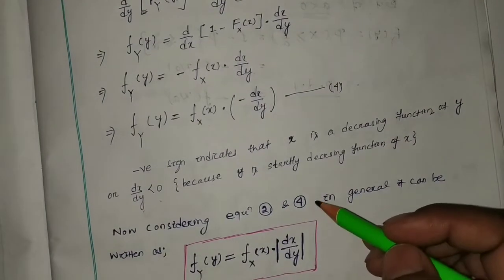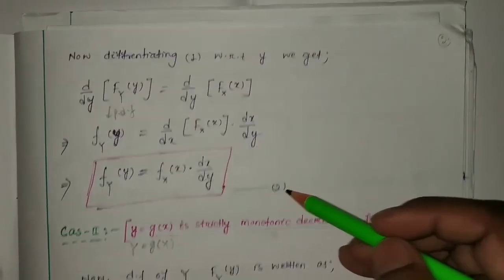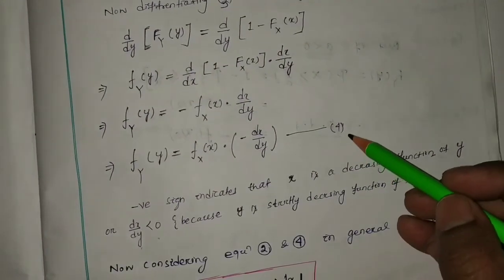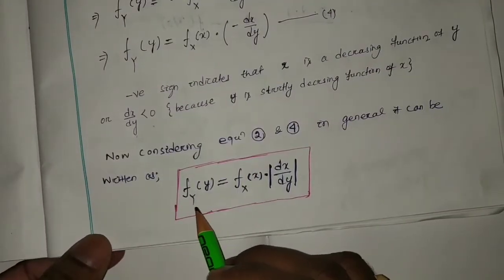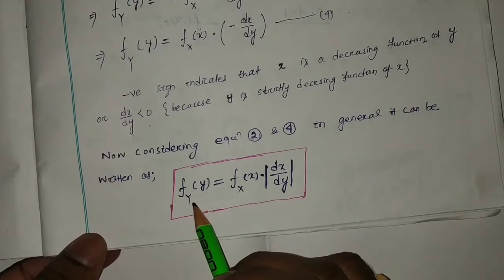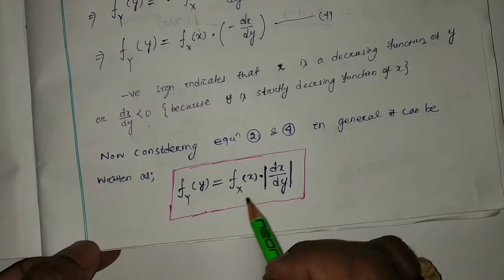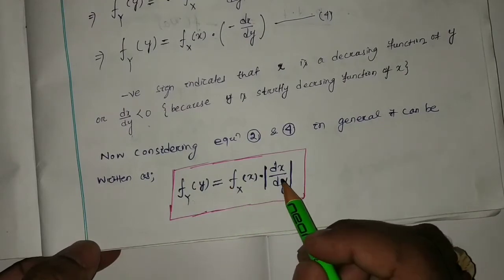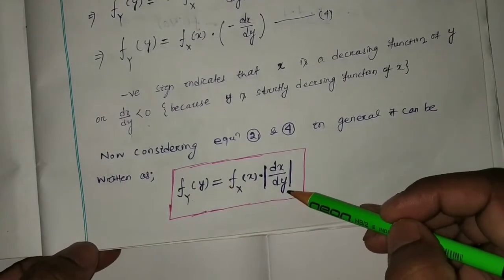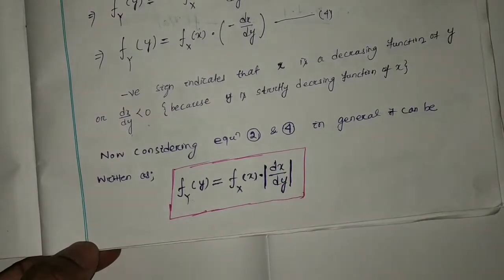So by considering equations number 2 and 4, in general we can write the PDF, probability density function of y, as the PDF of x into the modulus of dx by dy.